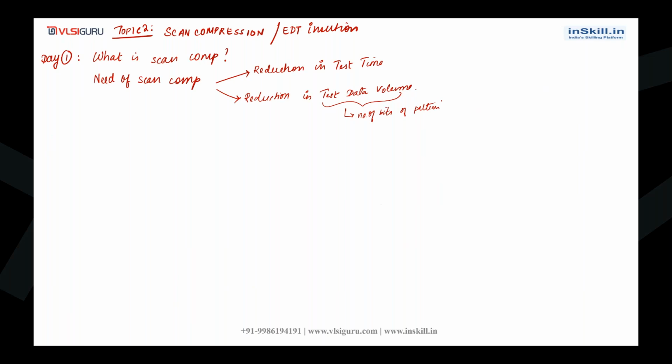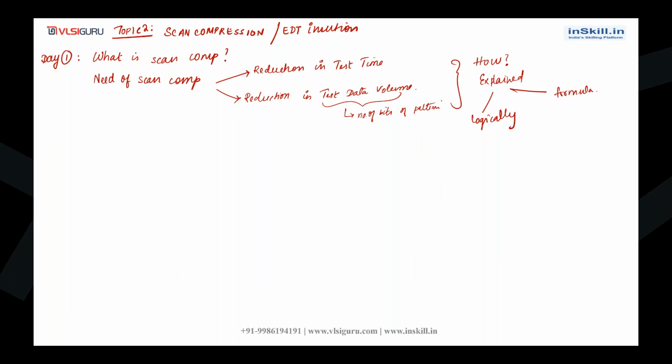So this, as I told, how we are able to achieve reduction in test time and reduction in test data volume if you go for scan compression, will be explained both logically as well as with the help of formula. Logically also we will explain, and then we'll take the formula for test time and test data volume.